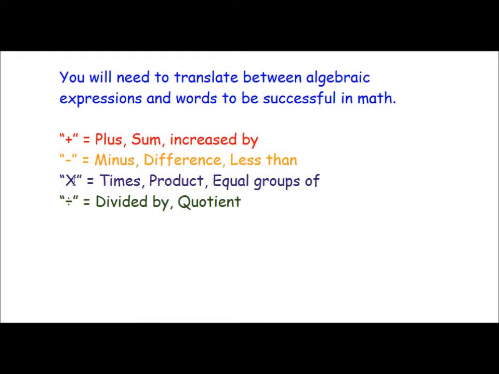In case of this sign, it's the product sign. It means times something, like 2 times y, or 2 times x, and it also signifies equal groups of. This symbol signifies divided by or quotient.